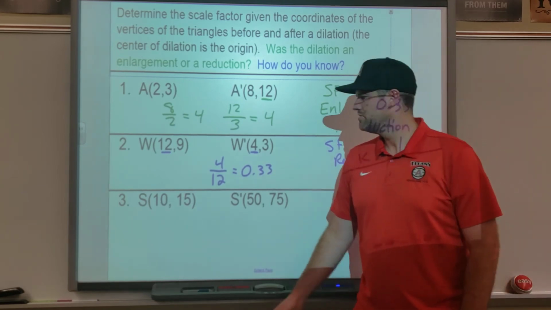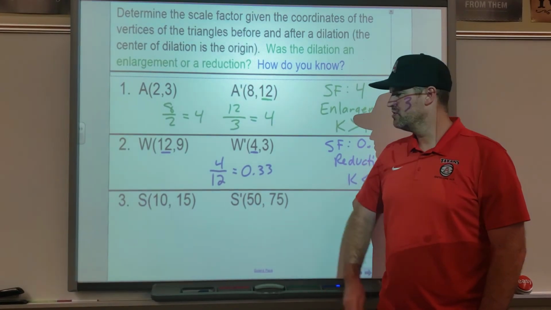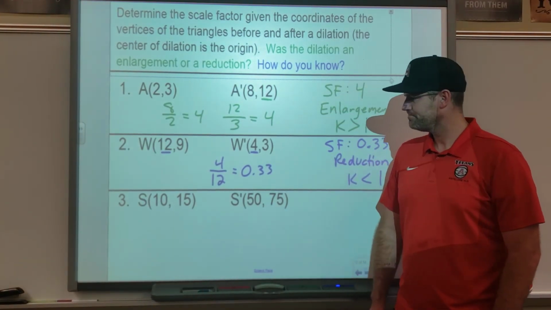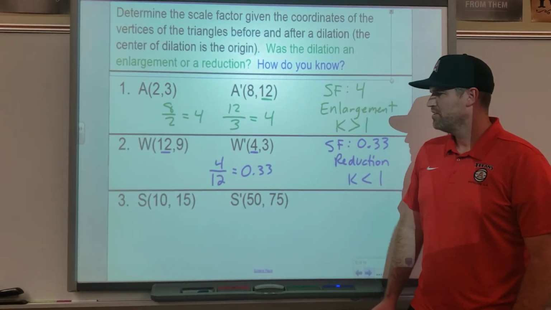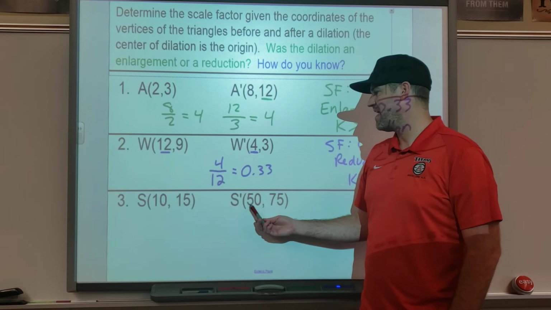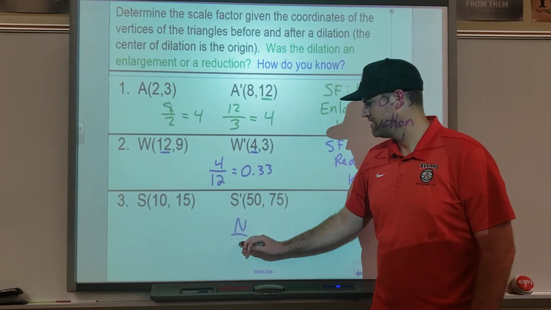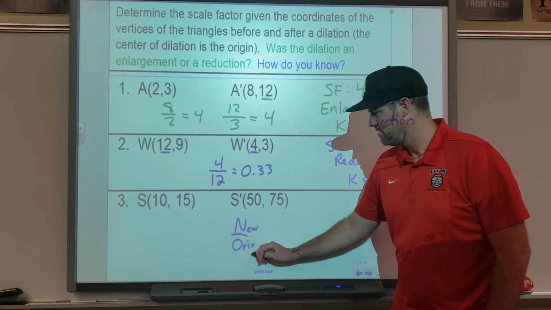One more example. We're going from S to S prime, right? Prime is always the new. What's the scale factor on this one? That's right, the scale factor is 5. You probably just looked at it and went 10 times 5 is 50, right? Or you might have done what I taught and did the new divided by original, right?